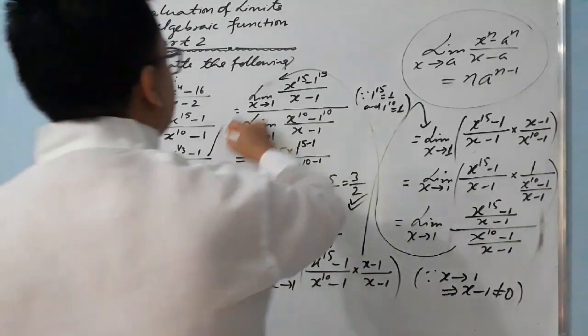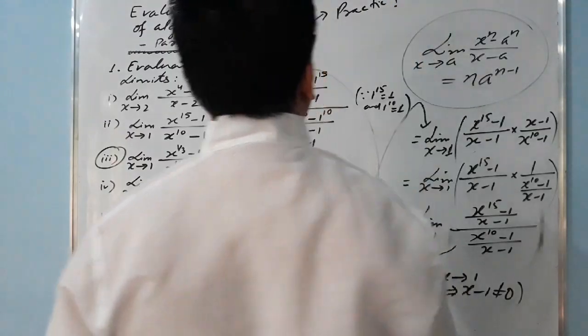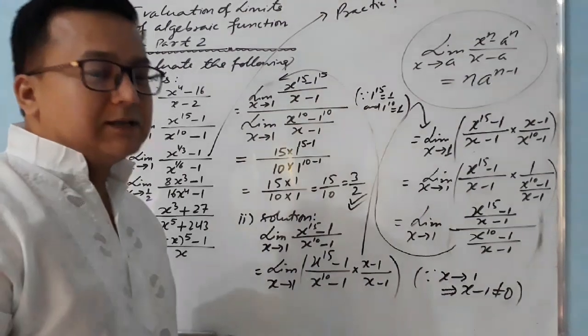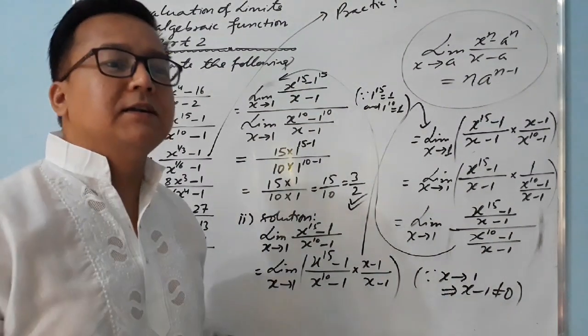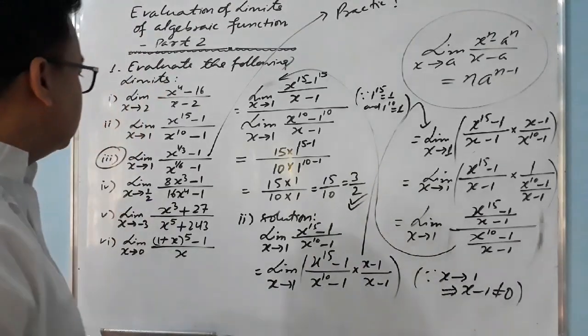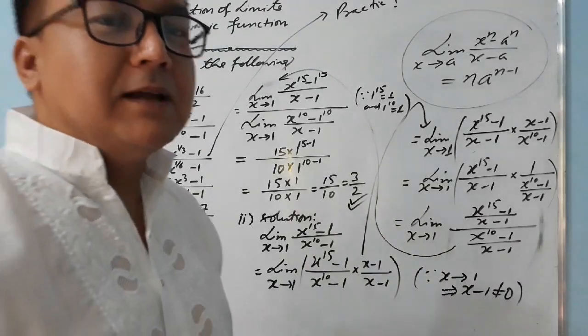Practice this question yourself. As I told you already, mathematics means practice, practice, practice, then definitely you're going to be a genius in mathematics, and you will definitely love mathematics.